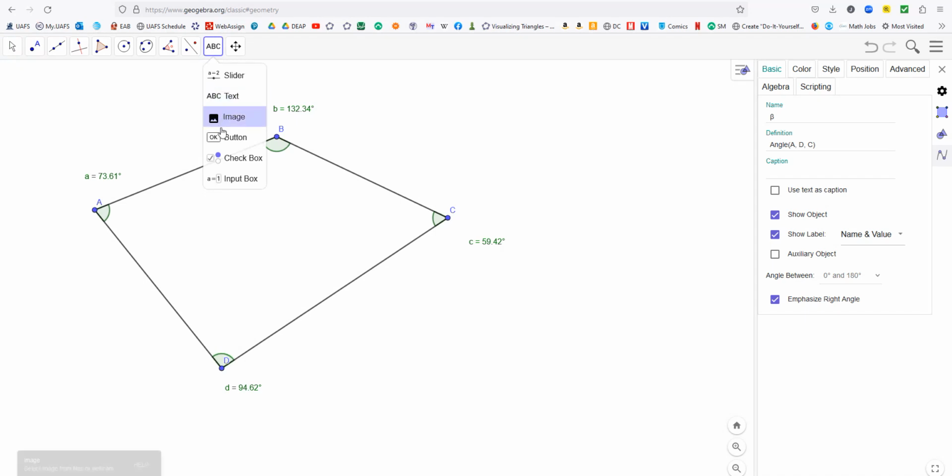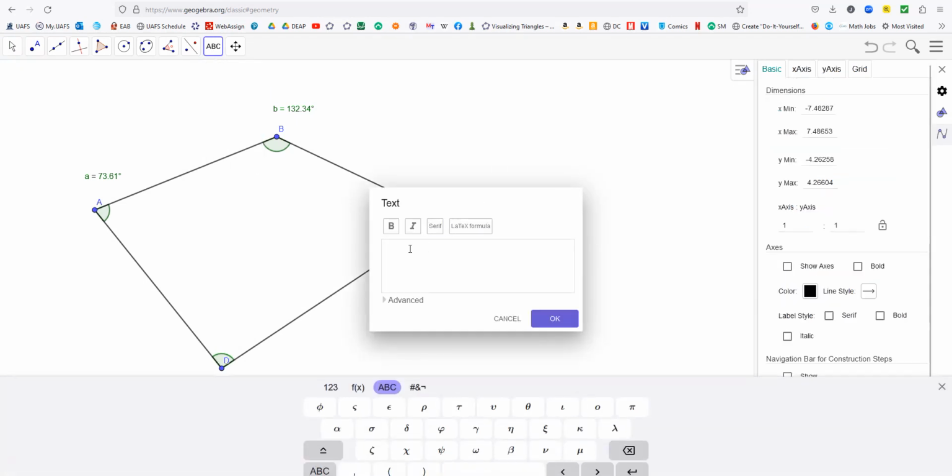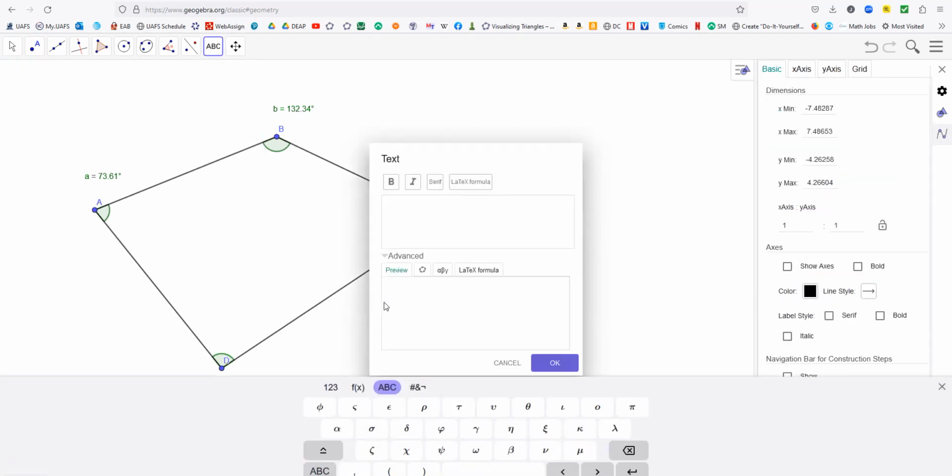So let's go here again. We'll just do it in a text box. So I want to give it the value of A plus the value of B plus the value of C. Now this is just going to display these specific values, and then equal.